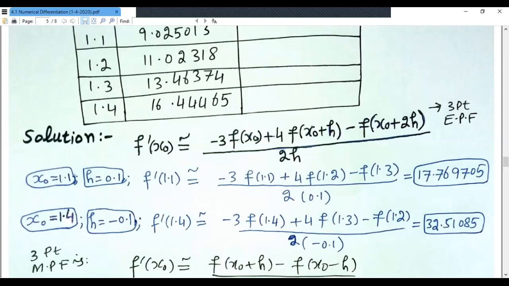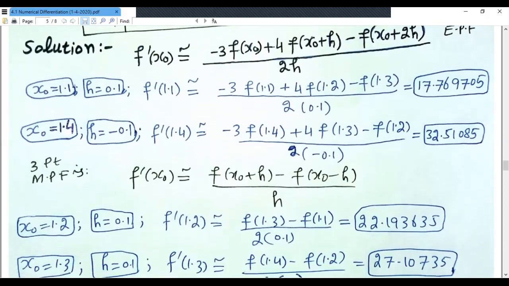If h is minus 0.1, then x naught plus h will be 1.4 minus 0.1, which is 1.3, and x naught plus 2h will be 1.2, since 2h is 2 multiplied by minus 0.1. By calculator, we will have this result, which is positive.